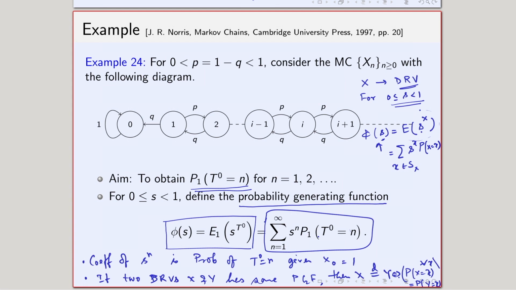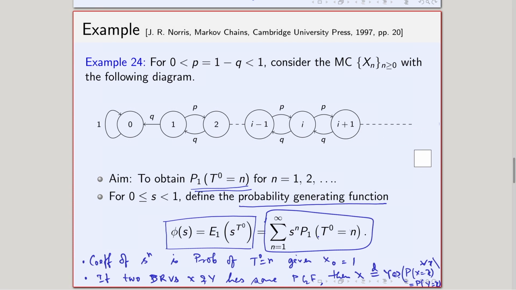Now, another point I should mention is what will happen if s goes to 1 in φ(s). What is the limit as s increases to 1 of φ(s)? Again, you can see it from here. If I assume that I can take the limit inside the sum, I can write s increasing to 1 of s to the power n.